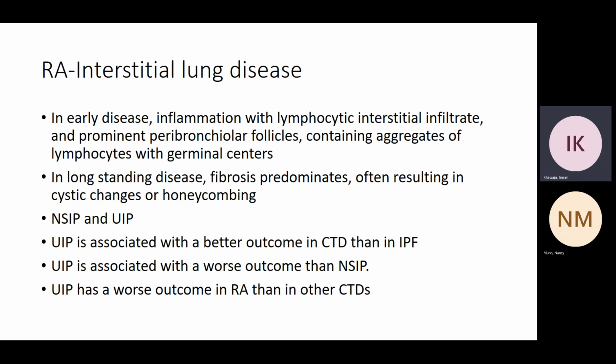So NSIP is common in other forms of connective tissue disease, but UIP is common in rheumatoid arthritis. And the UIP usually is associated with a better outcome in connective tissue disease as compared to IPF, and the UIP pattern has a worse outcome as compared to NSIP.